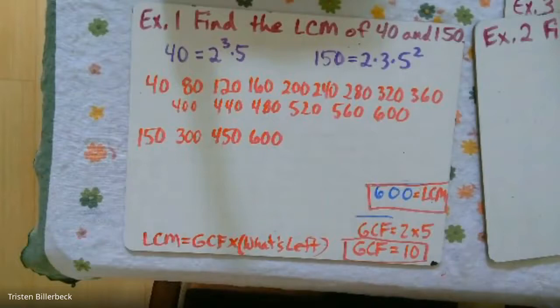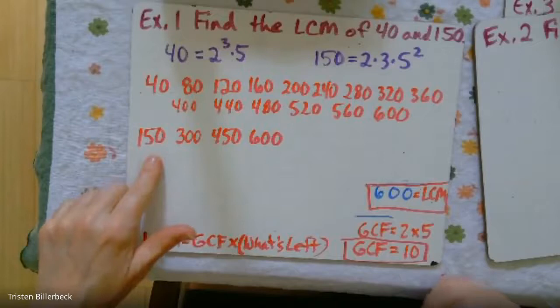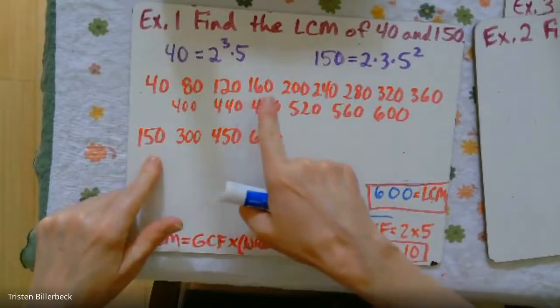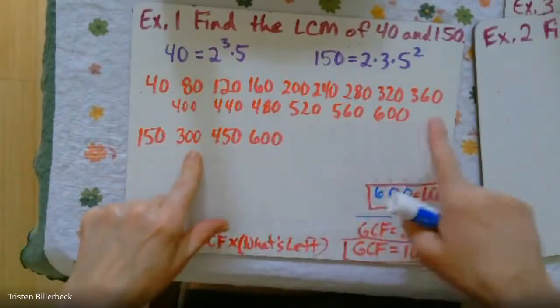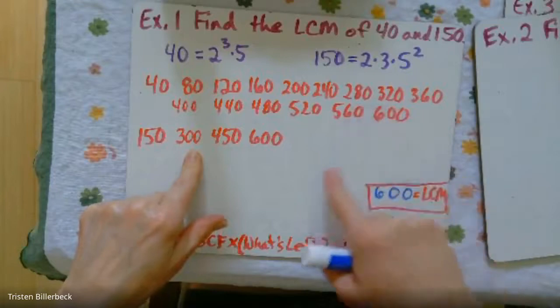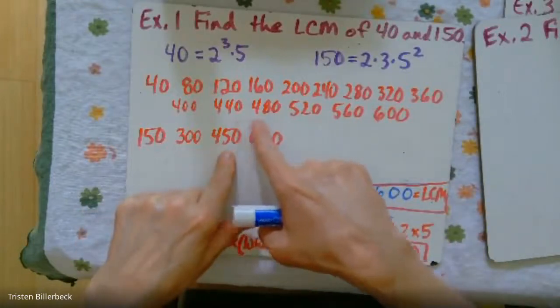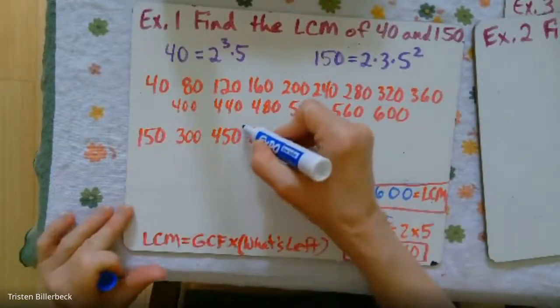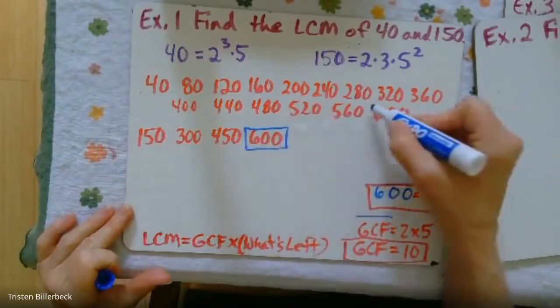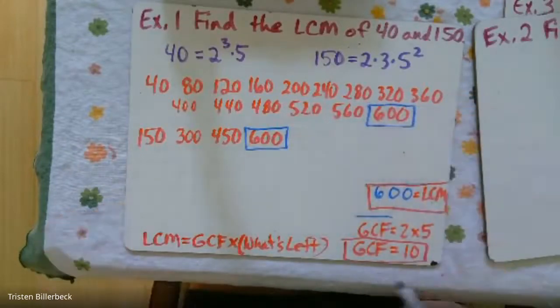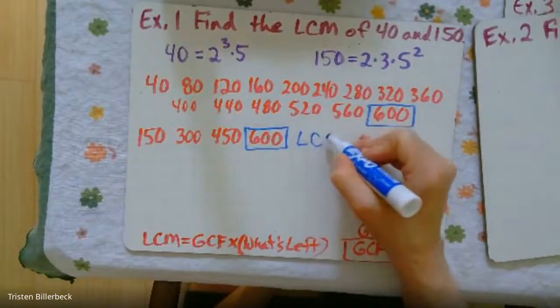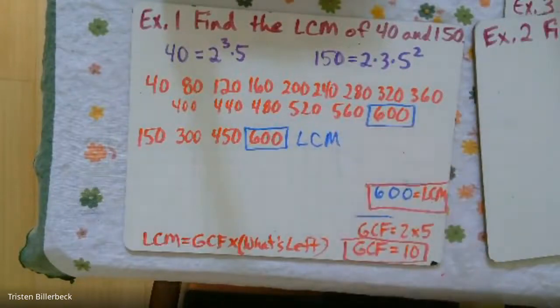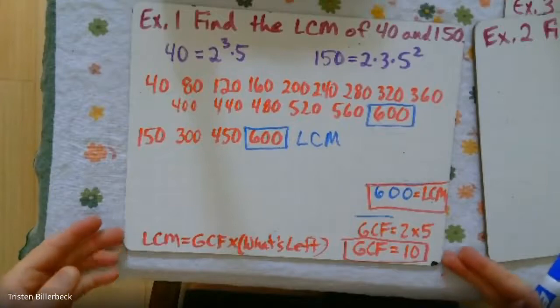All right, so when we look at it this way, there is no 150, it's 160. 300, it's just right around 300. 450, no 450. So it's 600. So that's the least common multiple. So that's the other way you can approach this kind of problem.